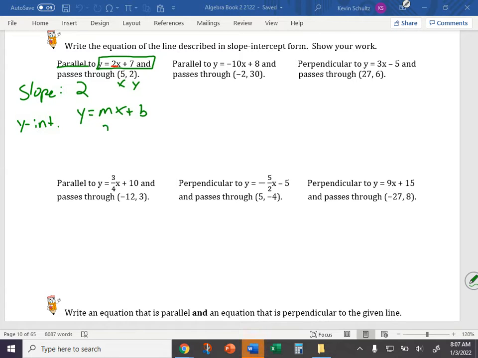We've got our slope of 2, and that ordered pair that our line passes through, (5, 2), represents our values for x and for y. So we plug them in: 5 goes in for x, 2 goes in for y, and the slope of 2 goes in for m, and we're solving.